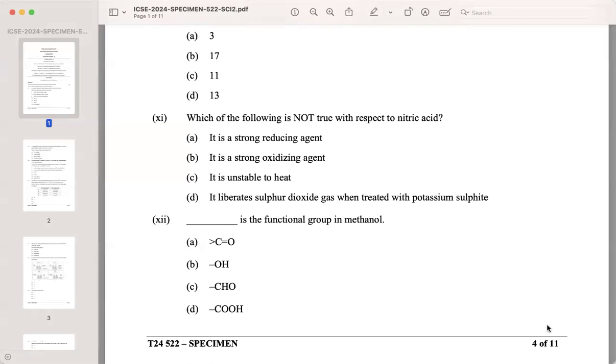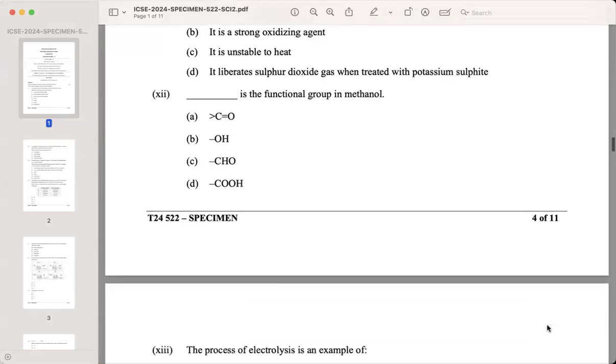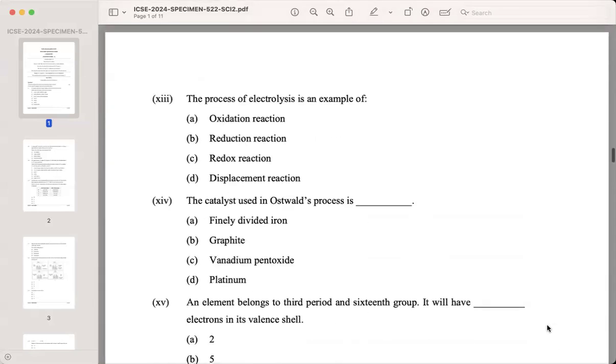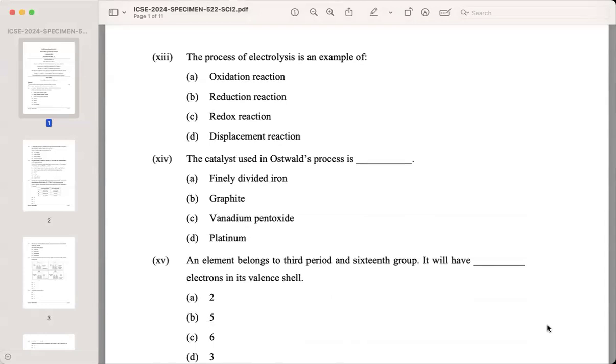Then 12th, dash is the functional group of methanol. Now in the options, it is coming as all OL. So OL always comes in the IUPAC name of alcohol, because the IUPAC name of alcohol is alkanol. So the OH group will be the answer, that is part B. Then comes the 13th part, the process of electrolysis is an example of.